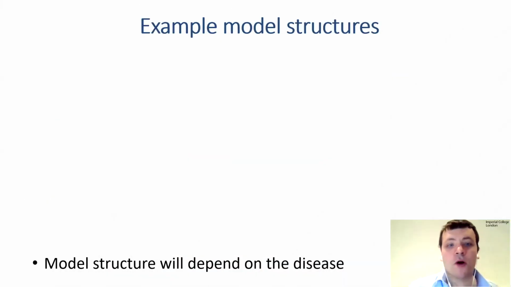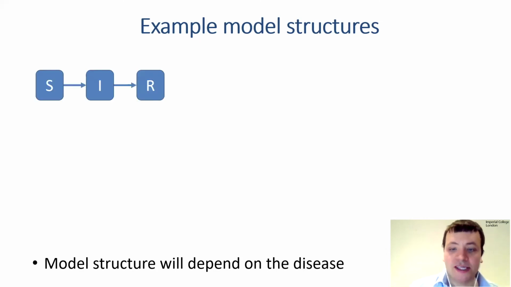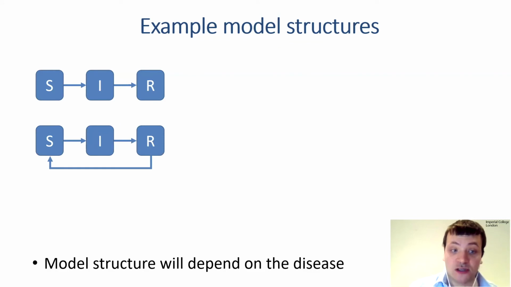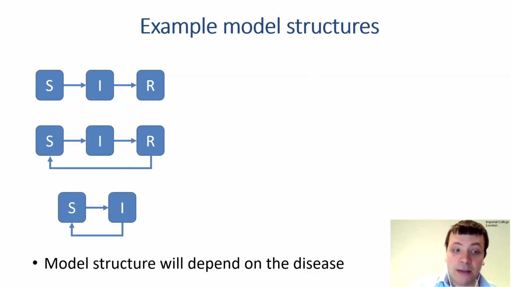Now there's lots of possible model structures for these dynamic models, and I'm going to show some examples here, but there are many more. You could have susceptible, infectious, recovered, but with the immunity waning and some people returning to the susceptible compartment. Susceptible, infectious, susceptible: in this case, there's no immunity and people just return to the susceptible compartment and can be reinfected.